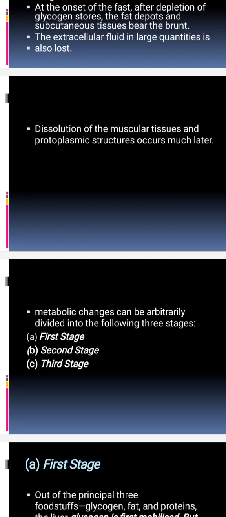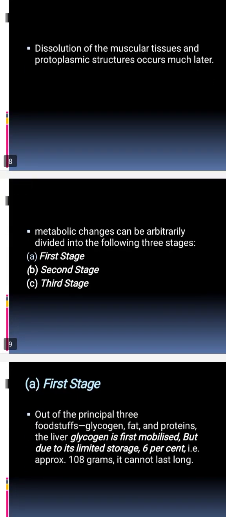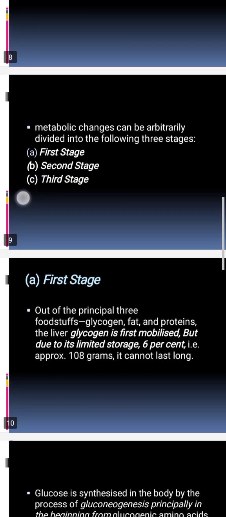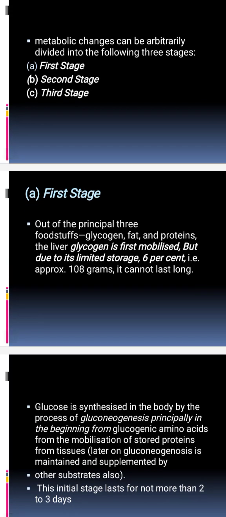So, what are the metabolic changes, which can be arbitrarily divided into the following three stages? First stage, second stage, and third stage. In the first stage of the starvation, there are three foodstuffs which are glycogen, fat, and proteins.